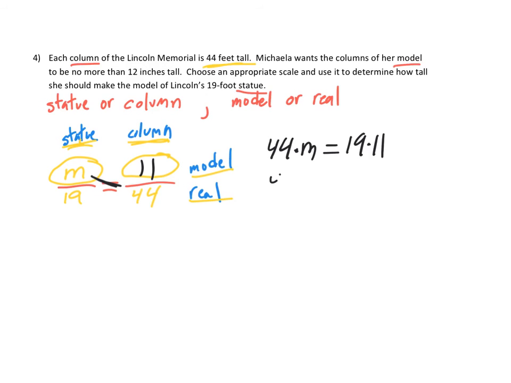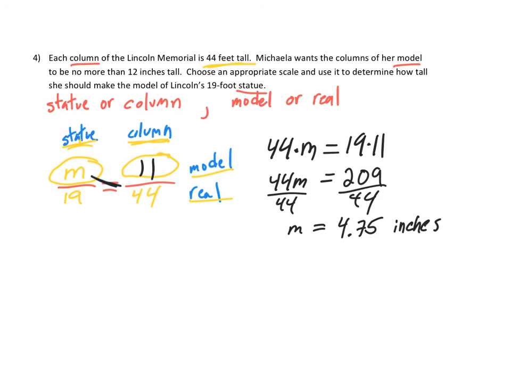So I get 44M is equal to 19 times 11, and I get 209 when I multiply that. Solving for M, which is being multiplied by 44, I need to divide both sides by 44. And I get that M is equal to 4.75 inches, which means that the 19-foot statue, when I make it into a model, is going to be 4.75 inches, or 4 3/4 inches tall.